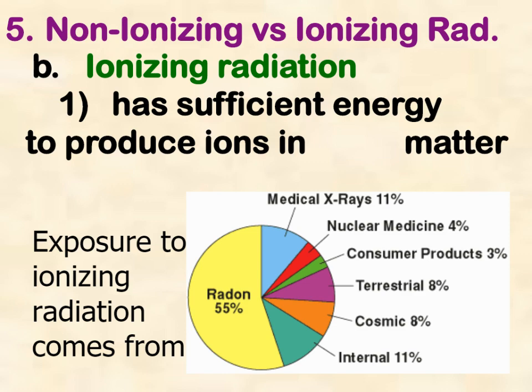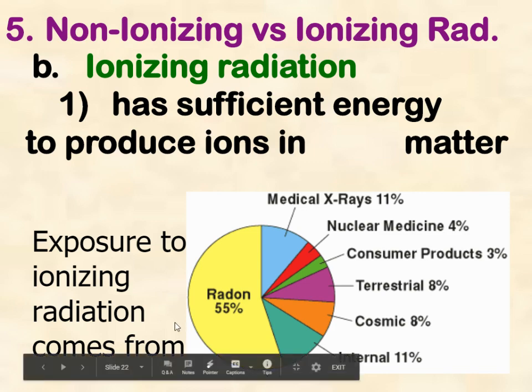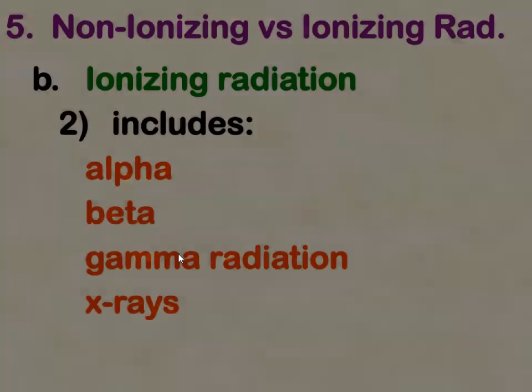If you haven't had your basement tested for radon, it can cause lung cancer. I actually had mine tested, and it was 4 times the acceptable limit. So we had to have a radon fan put in our basement to blow all of that out. That happens when uranium decays underneath your house and produces this radon.